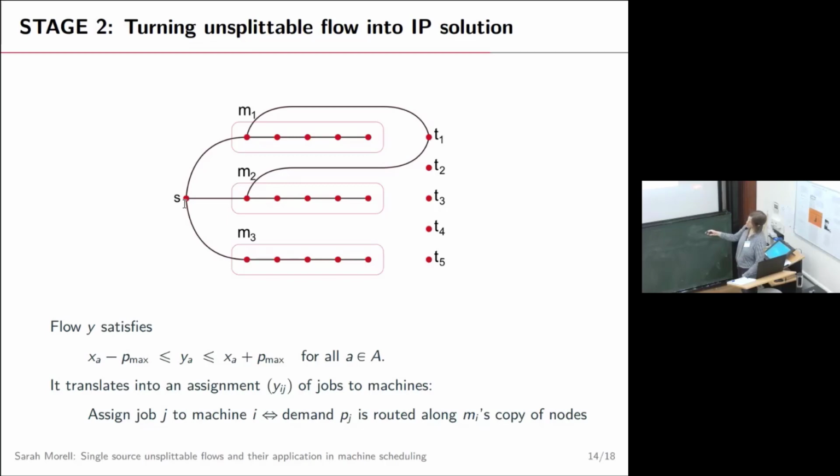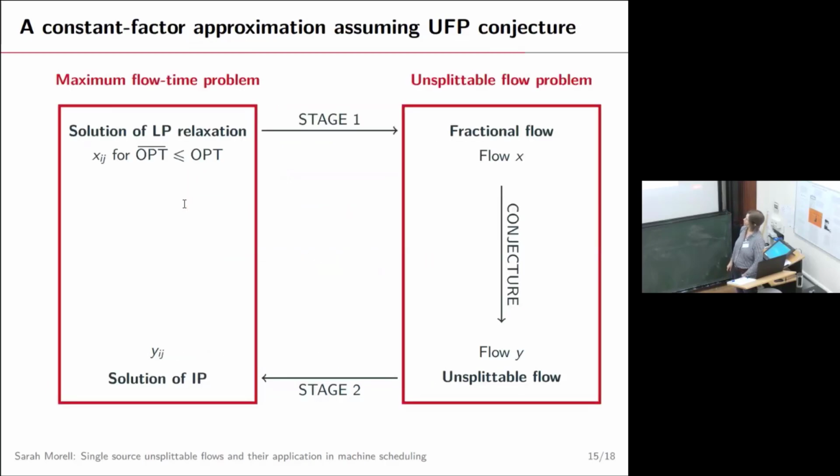And also, as you've seen before, our conjecture would imply that y_a is at least x_a minus d_max, or in fact, this time it's the processing time, so p_max, and at most x_a plus p_max. Okay, so this translation is quite straightforward, but we have to have a look now at the analysis of the approximation factor.